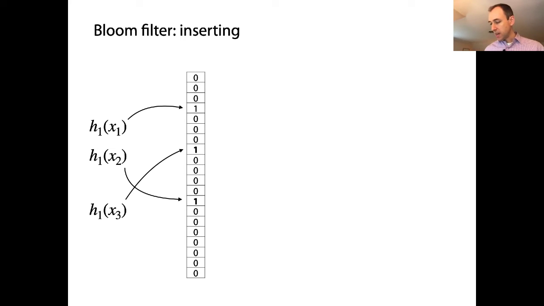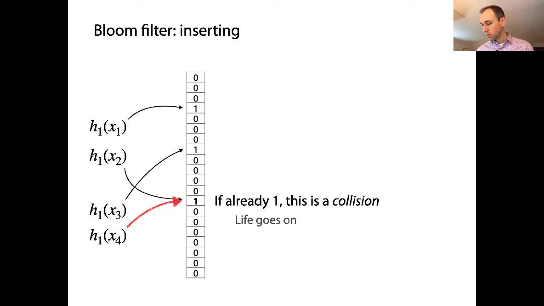And now let's say a 4th item comes along, and I hash it with my hash function, h sub 1 of x sub 4, and x sub 4 goes there, to the same slot as x sub 2 went. So this is a collision, of course. What do we do?